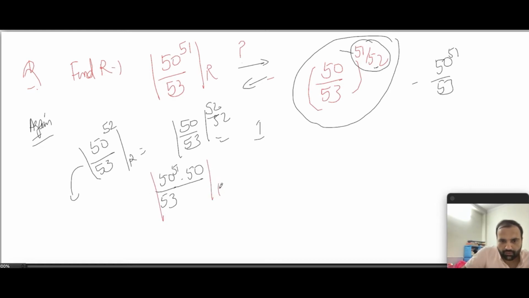Now can we find the remainder from here? Now we are breaking this expression into this one. Now this term 50 is getting divided by 53. So let's look at it in simple form.